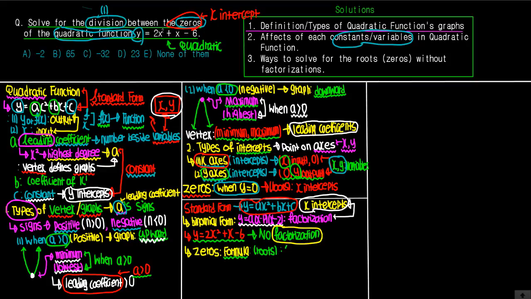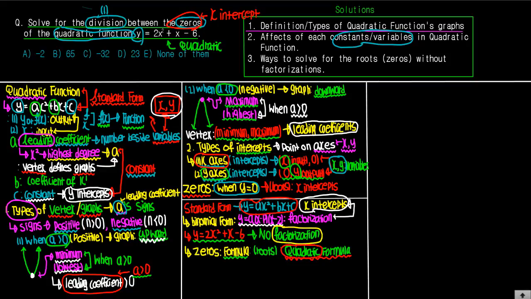We call it the quadratic formula, also the discriminant. The reason is that it is a formula that we can only apply to solve for our x-intercepts in our quadratic function. That's why the name is quadratic formula.